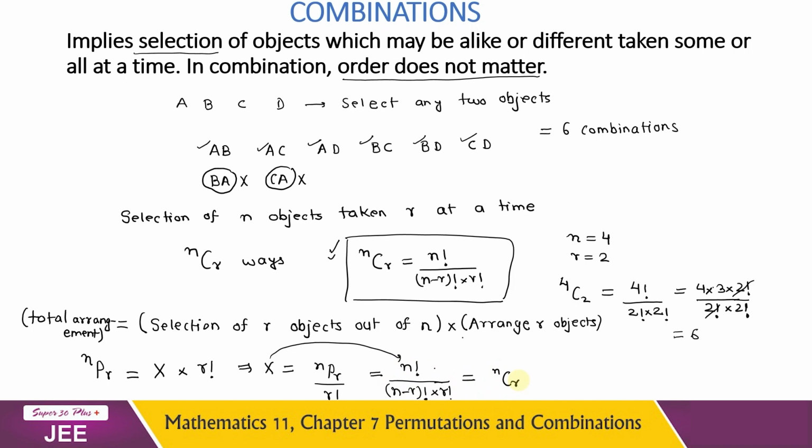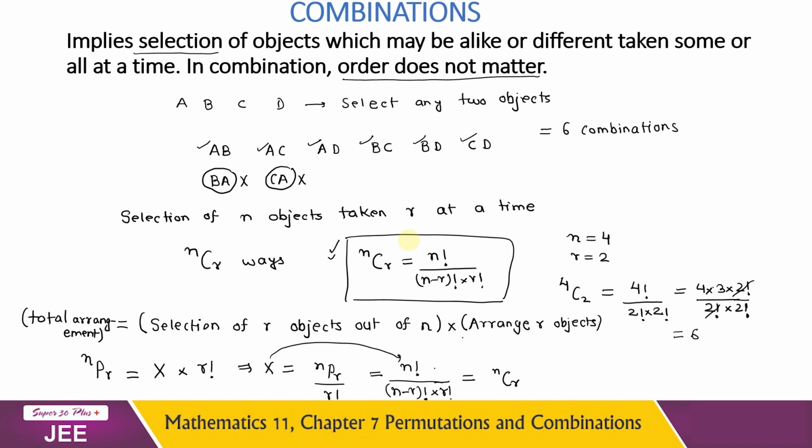So see, we have derived the formula of nCr. nCr is equal to n factorial over (n minus r) factorial into r factorial. So students, you are supposed to memorize the formula of nCr in order to solve the questions very accurately and fast. I hope everybody must have understood the concept of combinations and the formula of nCr.